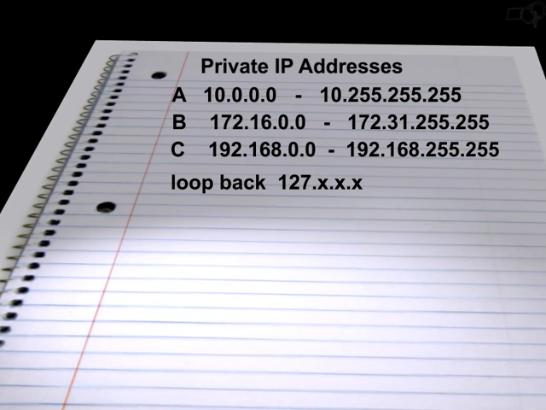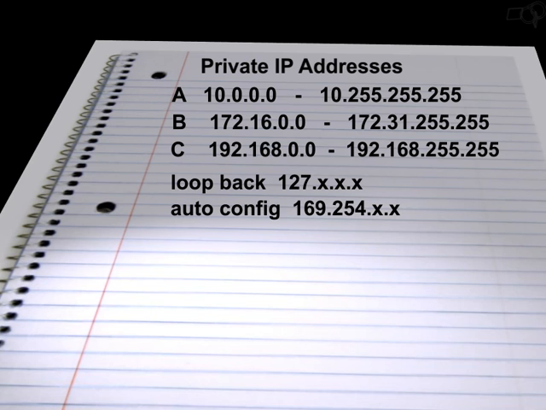We also have what's called an auto-config address. Those are 169.254.x.x. 169 being the first octet lets you know that an auto-config address has been applied to a device.